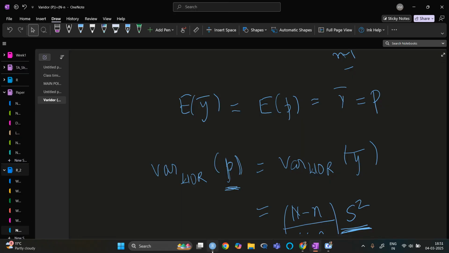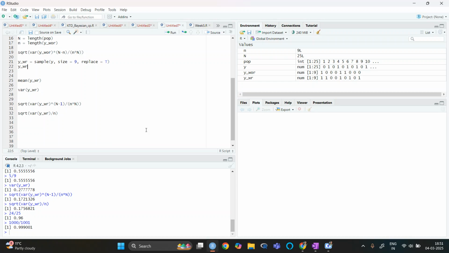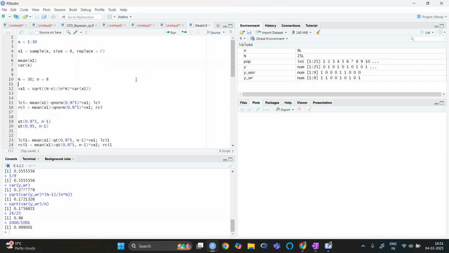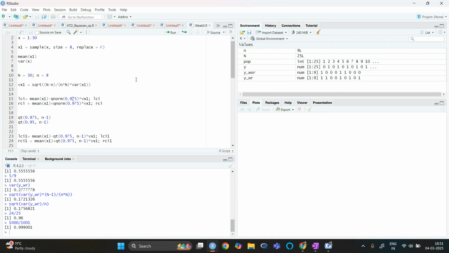So for the confidence interval, in the last class we saw there are two types: whether the population variance is known or not. If it is known, we will use q norm.